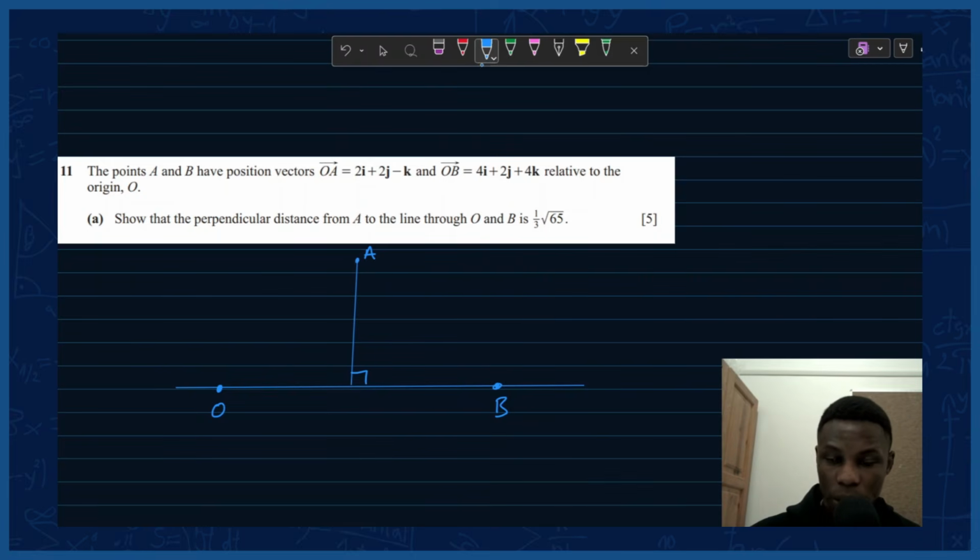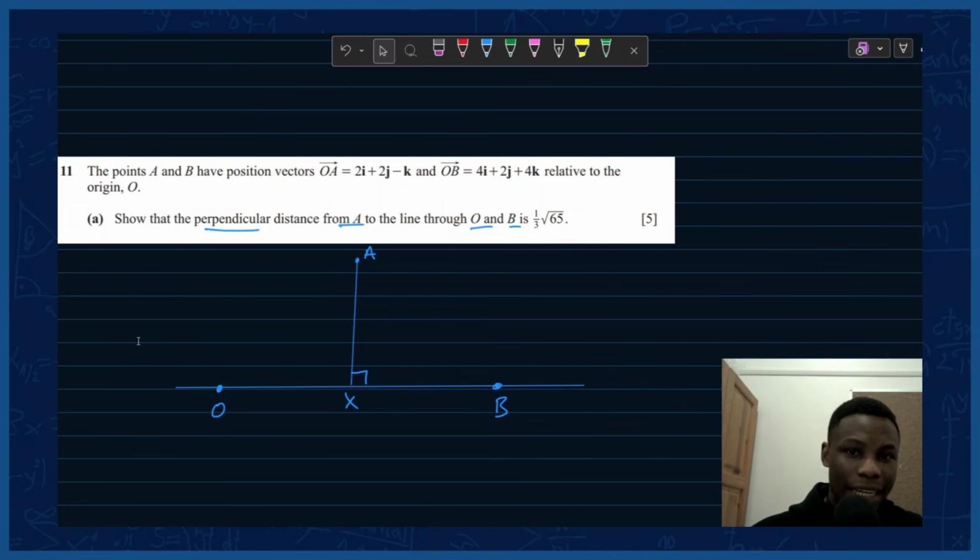And I'll call the foot, or the bottom, of our perpendicular X. This is a sketch of what they want. A perpendicular from A, which is this line, and it's going through O and B. So it has to cut through O and B. Okay. And we need to prove that the distance of AX is equal to 1 over 3 root 65.